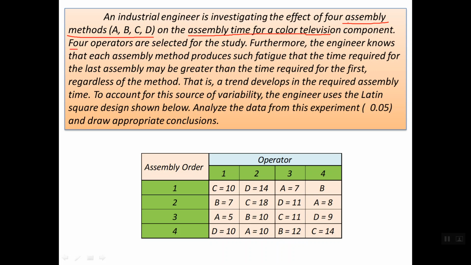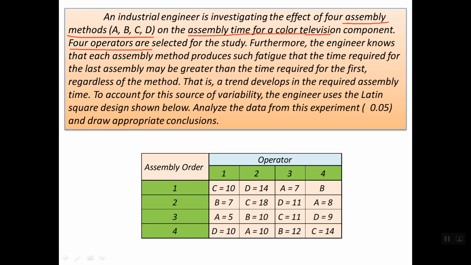4 operators are selected for the study in order to control for this variable, because there are some deviations between each 2 operators, so we need to control this factor or variable.